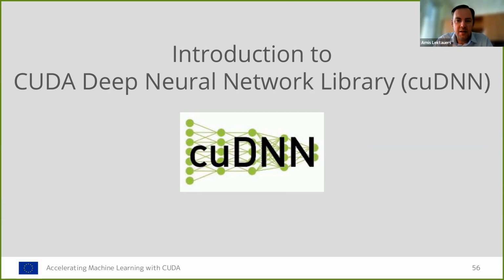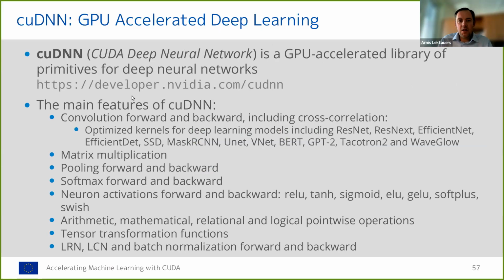It is a deep neural network library, or shortly cuDNN. cuDNN is a GPU-accelerated library of primitives for deep neural networks. It does not come together with the CUDA installation, but it is freely available as a separately installable tool. And as I said, practically PyTorch, TensorFlow, Chainer, MXNet, all popular neural network libraries for GPU acceleration are using cuDNN.